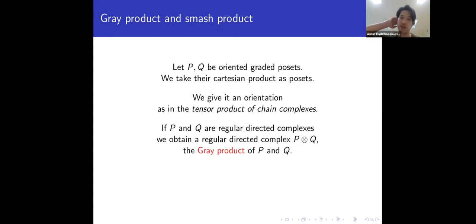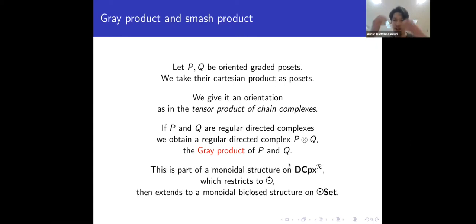And if P and Q are regular directed complexes, this Cartesian product with this orientation is actually also a regular directed complex, which we call the Gray product of P and Q. And this is part of a monoidal structure on this category. This restricts to atoms because the Cartesian product of two posets with greatest element also has a greatest element.